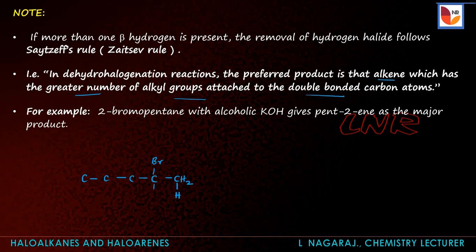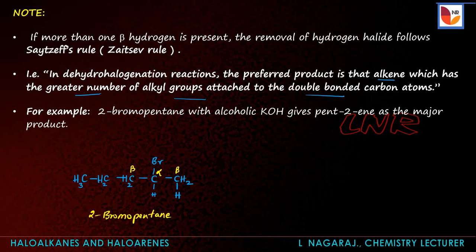So it is CH3, CHBr, CH2, CH2, CH3. The halogen attached carbon is called the alpha carbon and the adjacent carbon atoms are called beta carbons. So this molecule contains 2 beta carbons with hydrogens. The name of the molecule is 2-bromopentane.